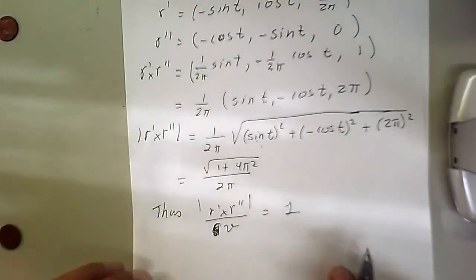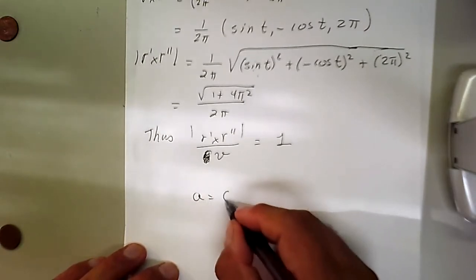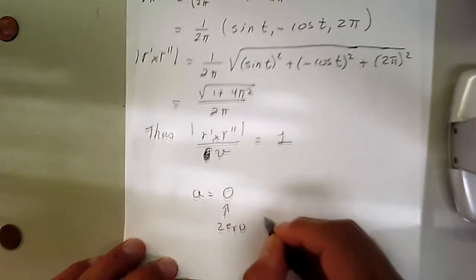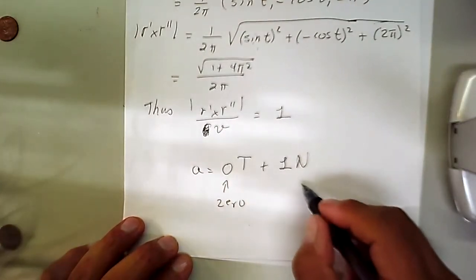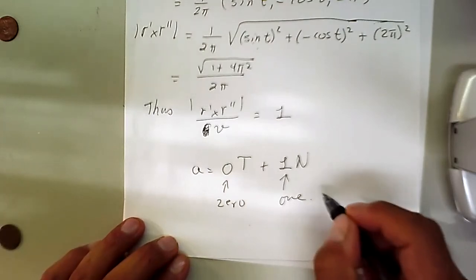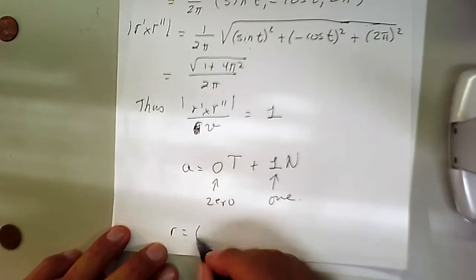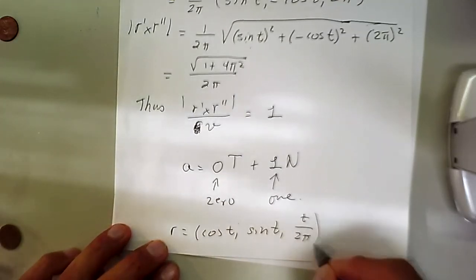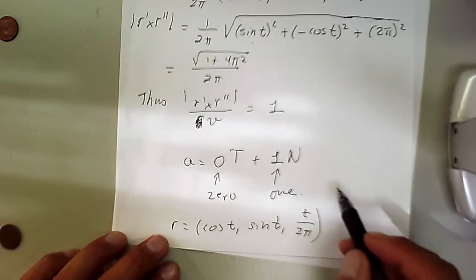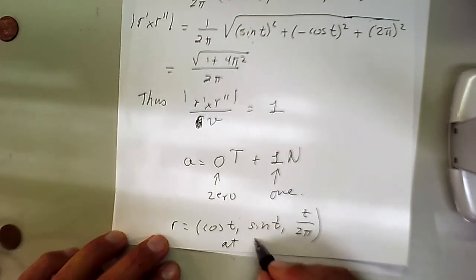In other words, in this particular example, and for this particular point, the acceleration is 0 on the tangent plus 1 on the normal. In this particular case, of R equals cosine of t, sine t, t over 2 pi, at a point at t equal to 0.